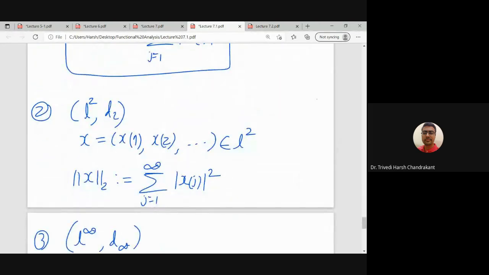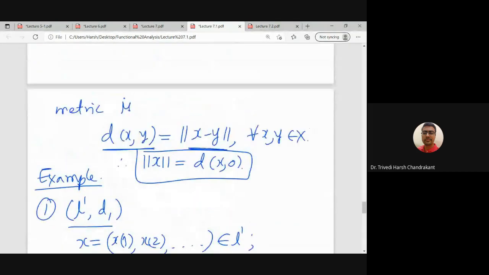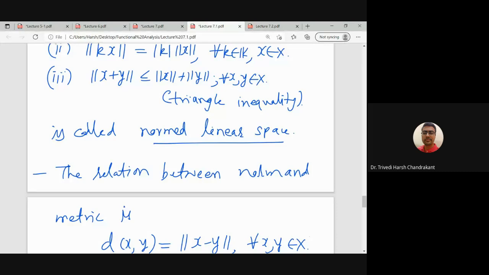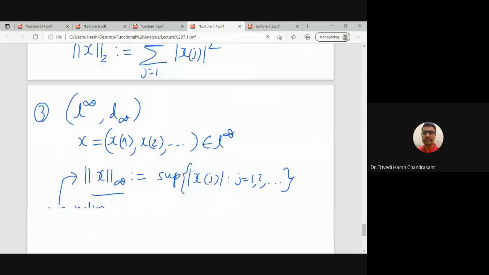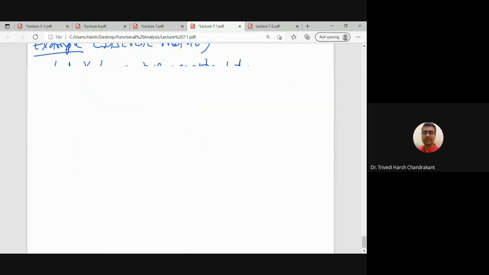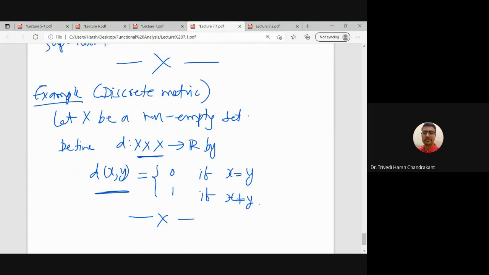So basically even addition and all those properties also we need here. So only on a set we cannot define a norm, but if we have a metric defined on a vector space, we can define a norm. So therefore we are discussing the normed linear spaces.